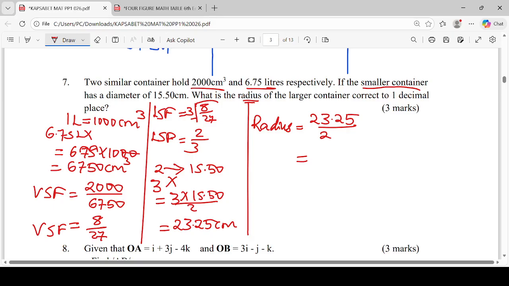You are going to get 11.625 centimeters. But remember, they want the answer correct to 1 dp. So to 1 dp, the answer will be 11.6 centimeters as the radius. So that's how you break down such a simple question.